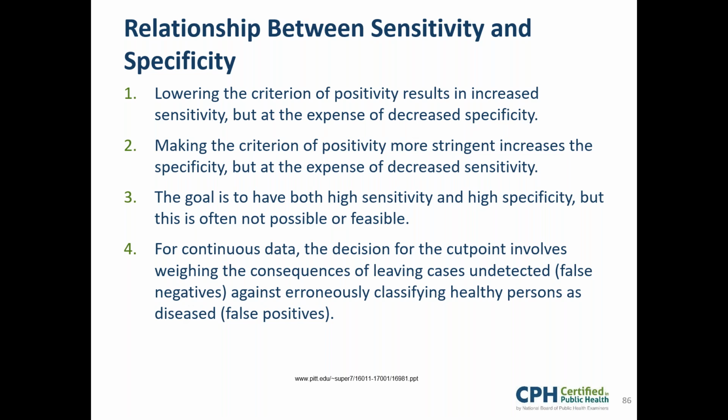And if you have continuous data, there's always a decision about what cut point makes sense, weighing the consequences of leaving cases undetected, false negatives, against erroneously classifying healthy people as diseased, or false positives. And again, that all depends on the burden of the additional testing that might be needed. Next.